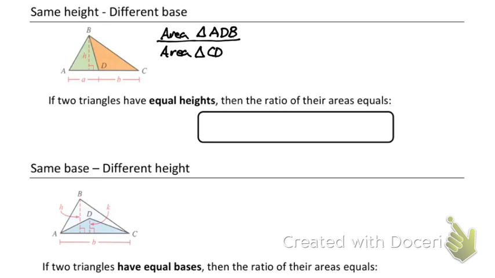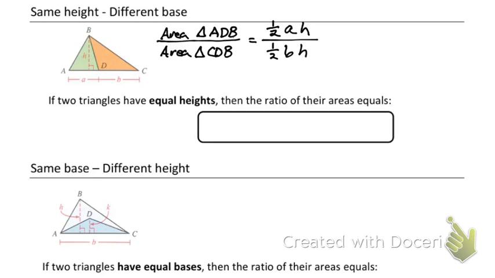Well, the area of the first triangle is half the base times the height. My base is A for that one, and the height is H. Half my base times my height. Well, the other one is 1/2 the other base, which is B, times the height.